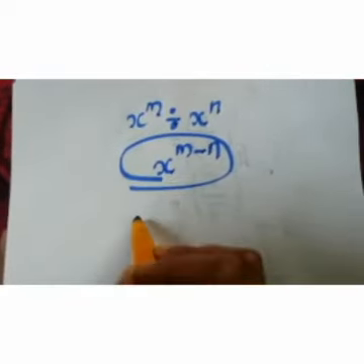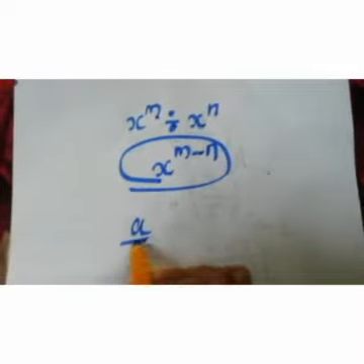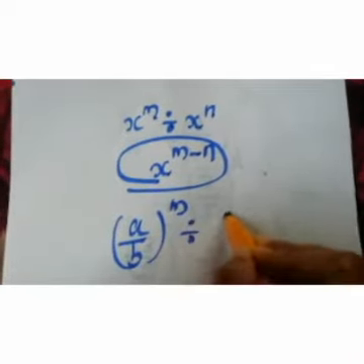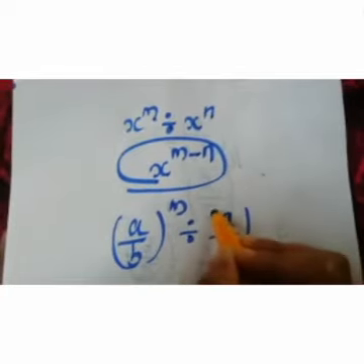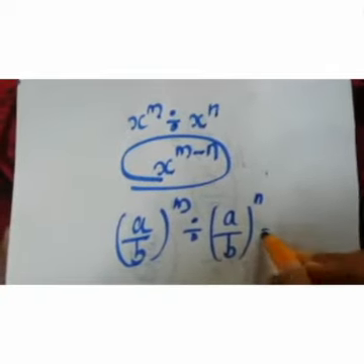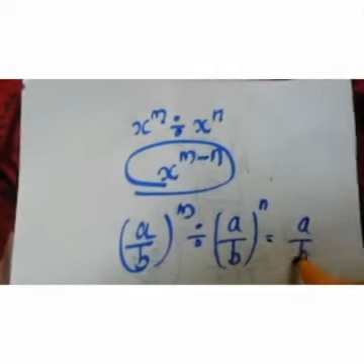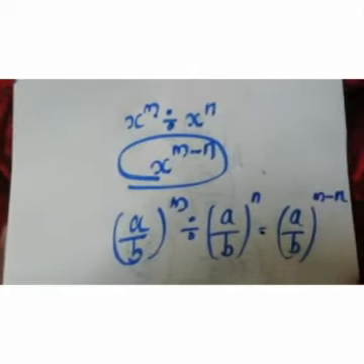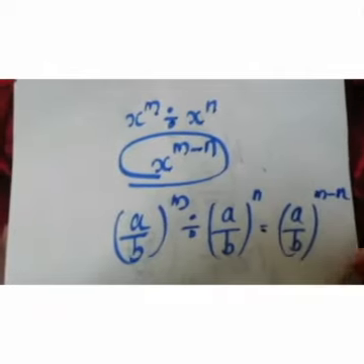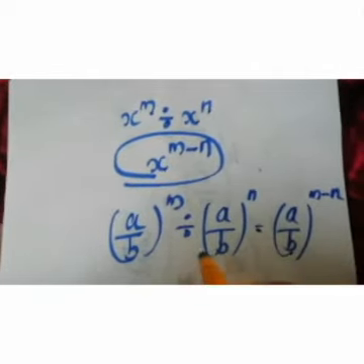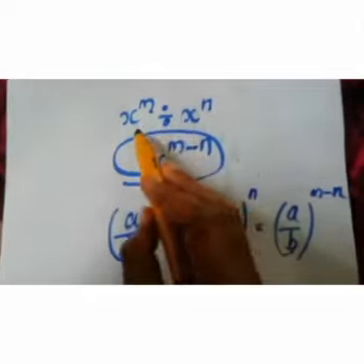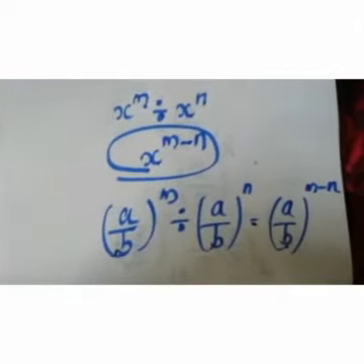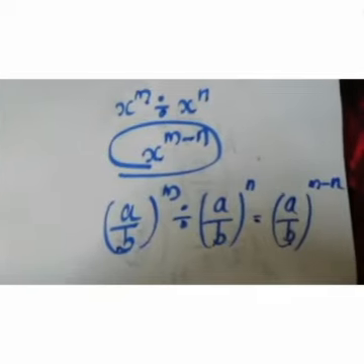And for a fraction also, if a by b all raised to m divided by a by b all raised to n, then the result should be a by b all raised to m minus n. You only need to check that the number is the same in a division and a multiplication rule.